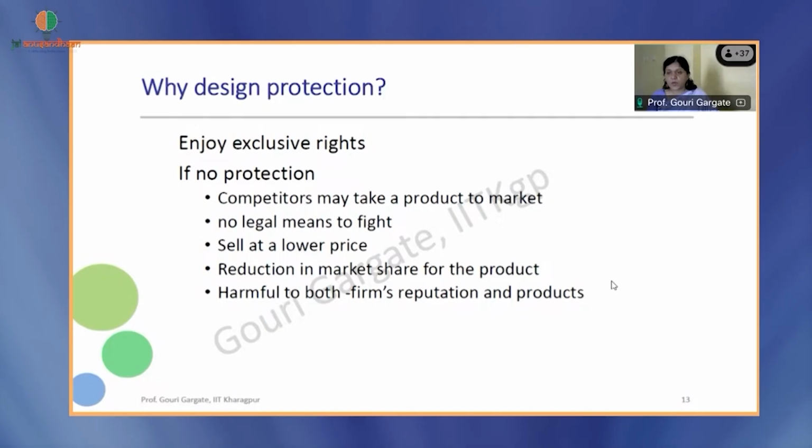So in your decision making before bringing a product into the market, IP management plays a very important role. Sir has already shared that the two important IPs they have taken into consideration at IIT Bombay are patent and design.